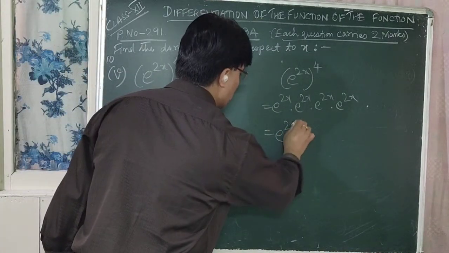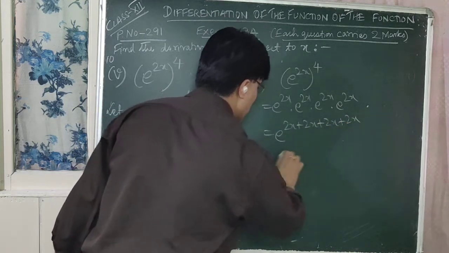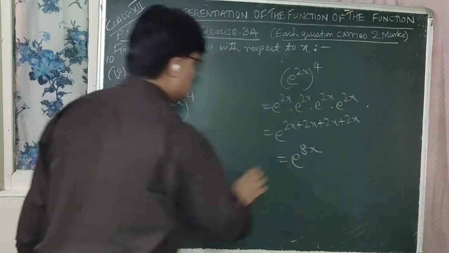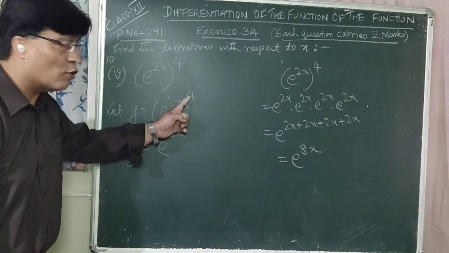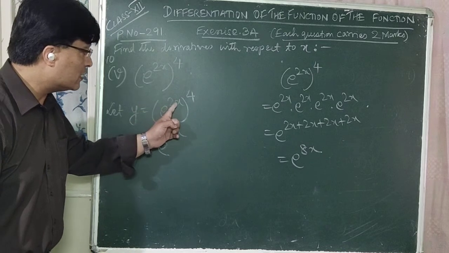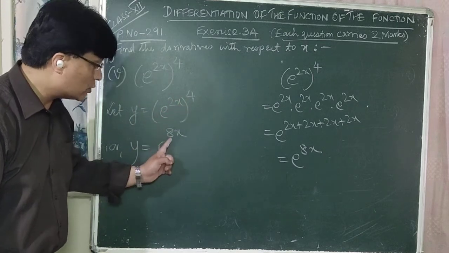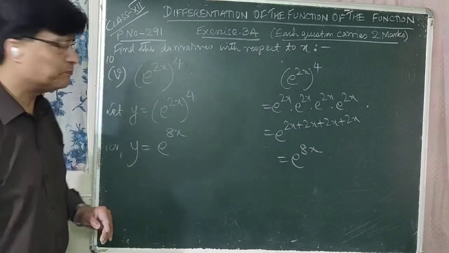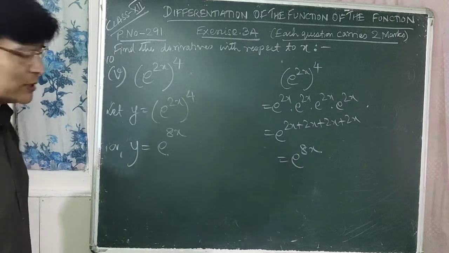So e to the power 2x plus 2x plus 2x plus 2x, which is equal to e to the power what? 8x. That's why (e to the power 2x) whole to the power 4 means you have to multiply these two powers, that is 2x multiplied by 4, which is equal to 8x. Is that clear?